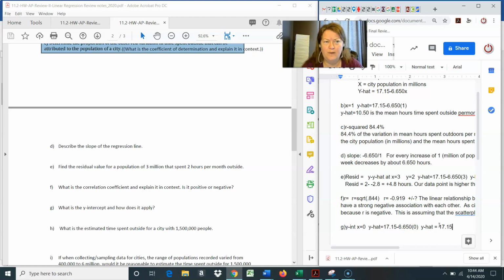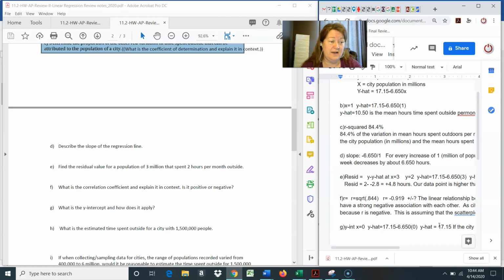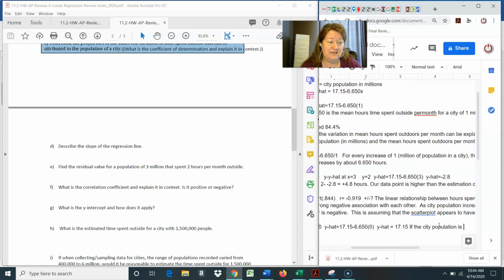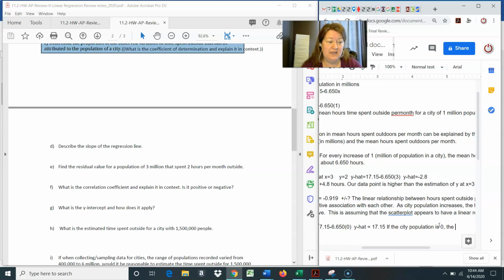If you have no population at all, there is no population to spend outside. So I still want to show them that relationship, but I also want to comment on how that's ridiculous and doesn't make any sense.